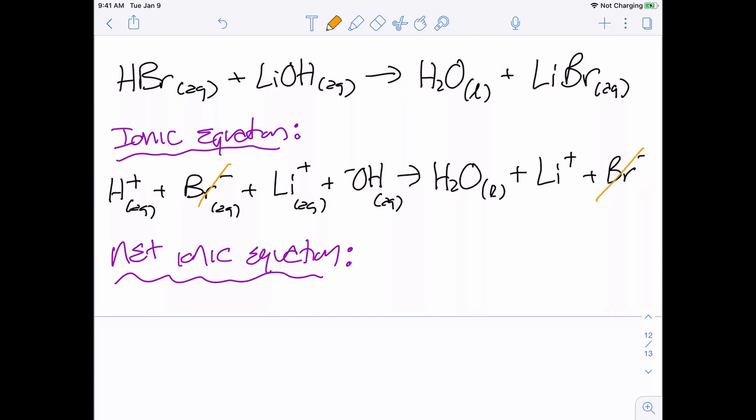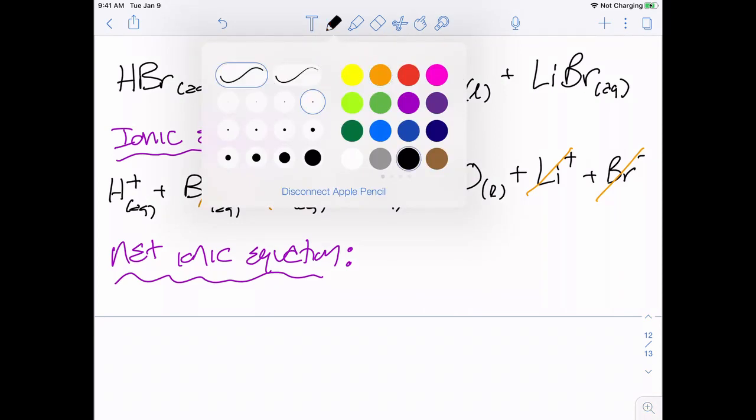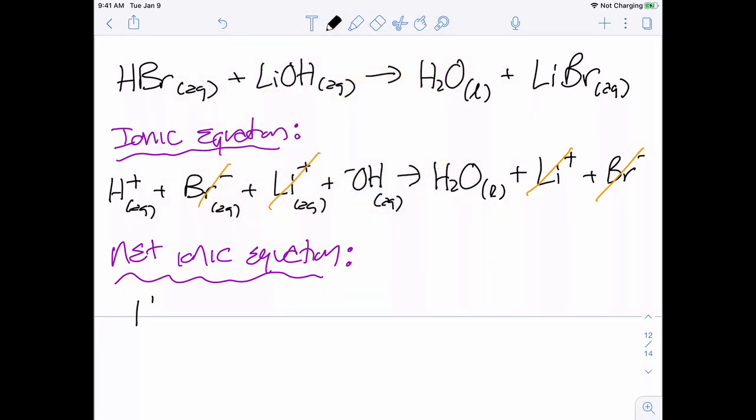It's just hanging out, balancing charge. So I have one bromide on each side, so I'm going to get rid of those, and I also have one lithium ion, so I'm going to cross those out, and then I'm just going to rewrite what's left. So hydrogen plus hydroxide forming water.